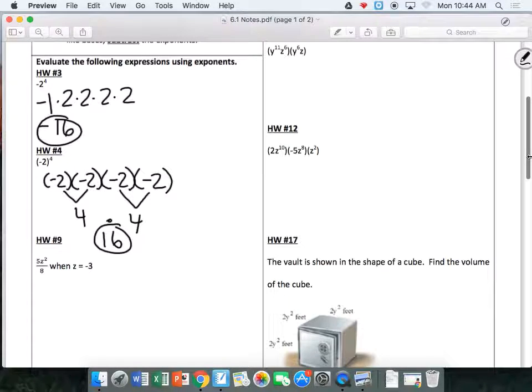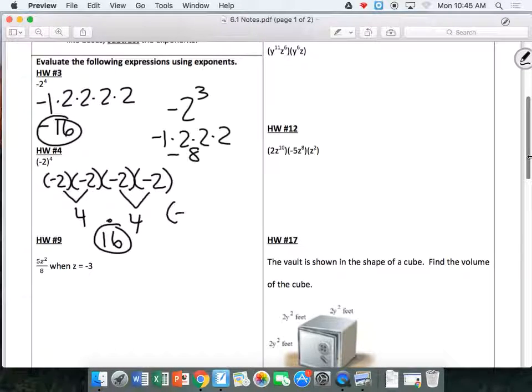By the way, if you have an exponent that's an odd number, it won't matter. Why is that? Let's say it was negative 2 to the 3rd power. It would be 2 times 2 times 2, and then it's negative, so it's still negative 8.